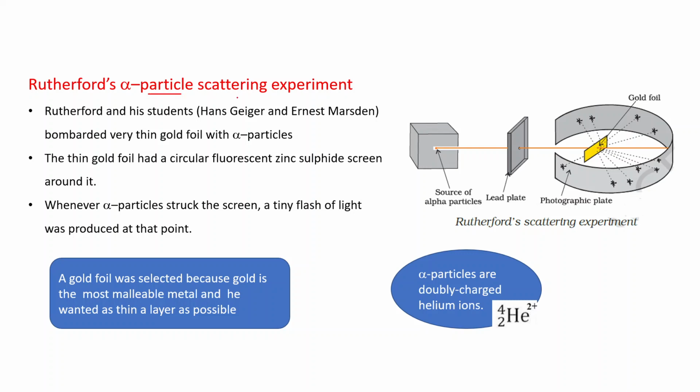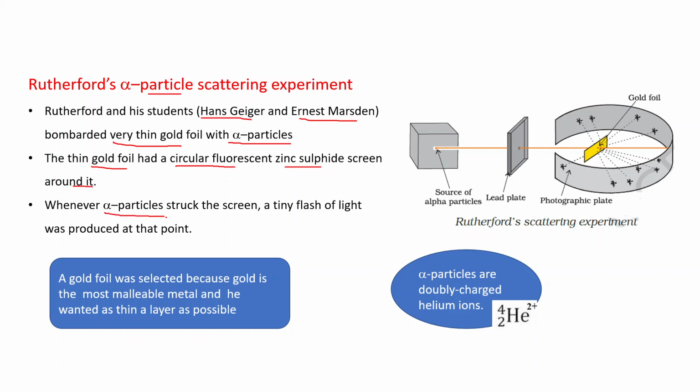alpha particle scattering experiment. Rutherford and his students Hans Geiger and Ernest Marsden bombarded a very thin gold foil with alpha particles. The thin gold foil had a circular fluorescent zinc sulfide screen around it.